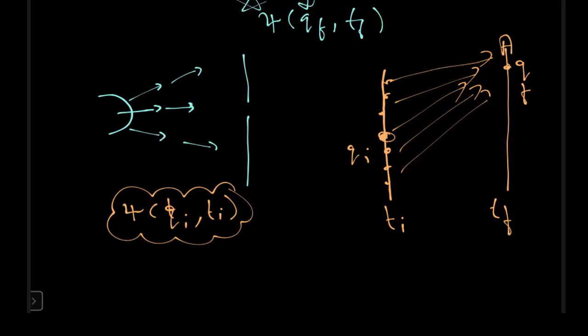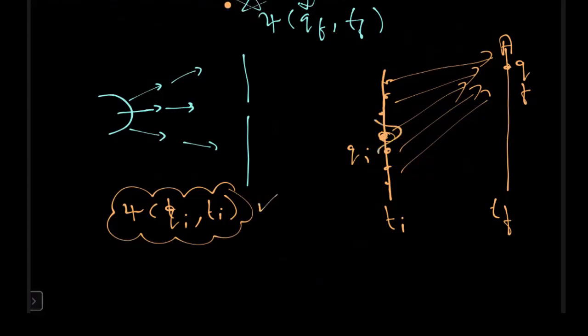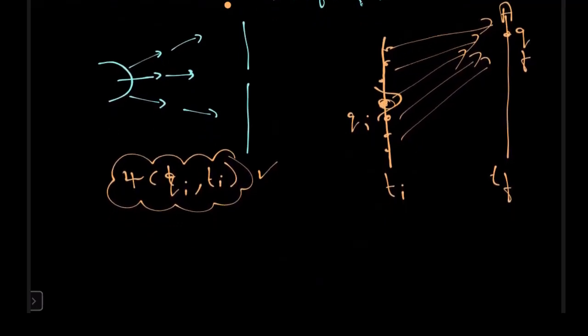Actually, it is not present. When I say we know the wave function, that means I know how it is localized somewhere near this position. But in that case, we don't have to worry about these other positions, right?